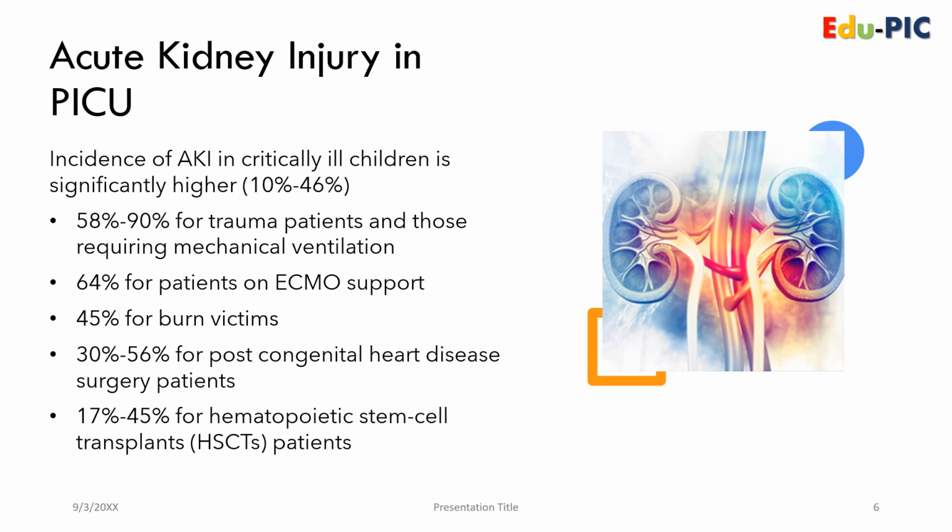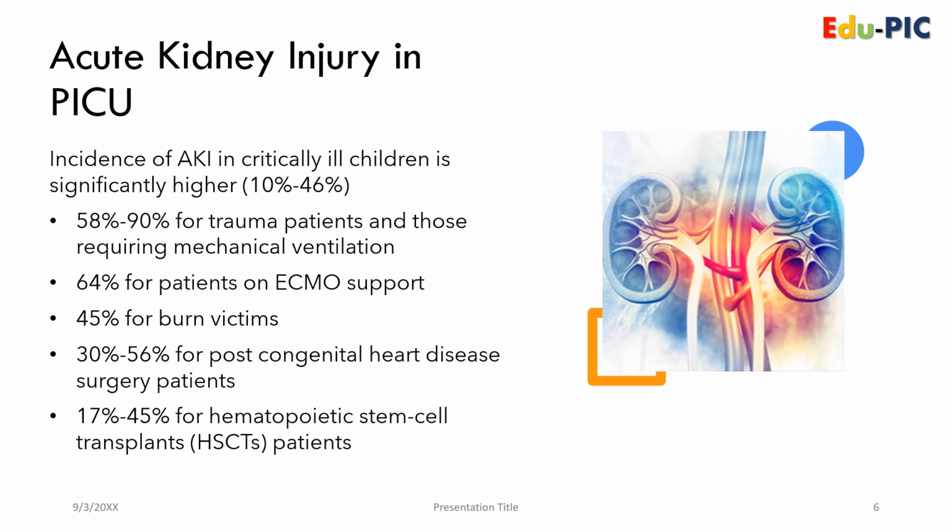And this is about critical illness, not about PICU admission, as there are studies that show that about 50% of patients going to PICU will be admitted with an AKI at the beginning of their admission.